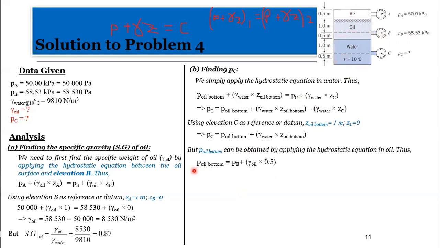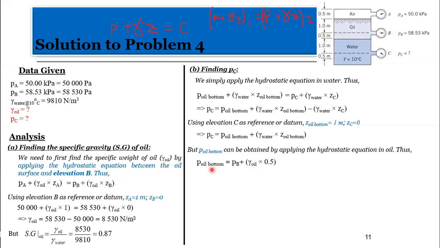So by doing that, we are saying P at the oil bottom is equal to PB, this one here, the pressure at this elevation, plus the pressure due to this height, that's 0.5 meters.